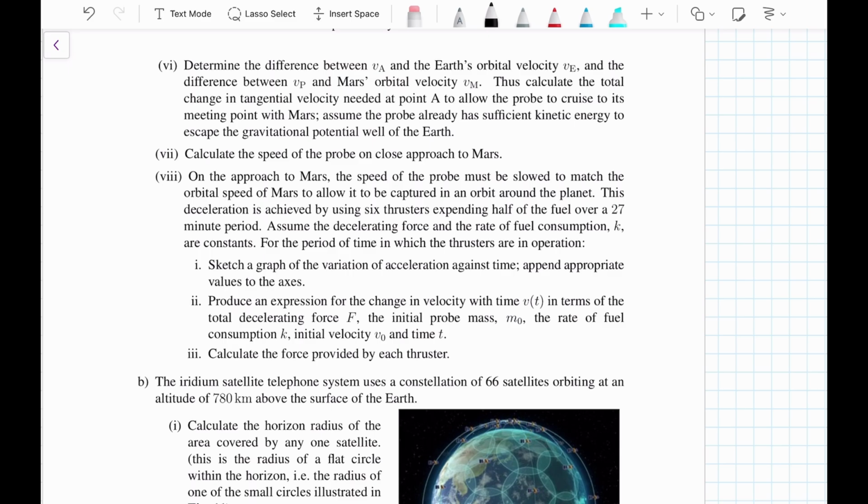So we want to calculate the change in velocity with time.